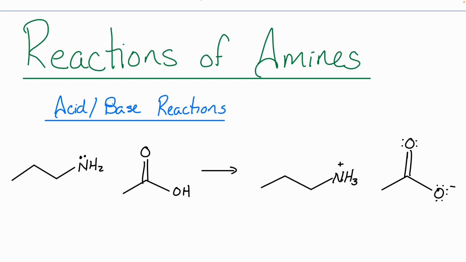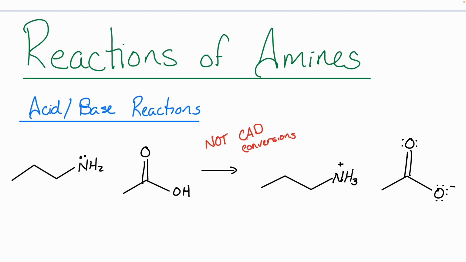All right, so important to keep in mind because this one right here is not one of those carboxylic acid derivative conversions. It's a lot of converting between different carboxylic acid derivatives. And it would be tempting to say, oh, we make an amide here, but that's not the case. Instead, we have an acid-base reaction because those amines are basic.